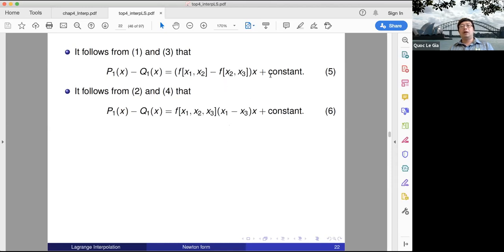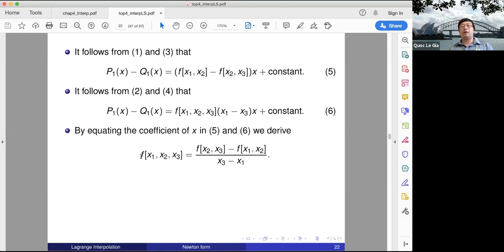Now if we just look at the coefficient in front of x, then these terms and this term have to be identical. And then you just equate the coefficients and you get the formula for the divided difference over 3 points. Okay, so that is the idea.